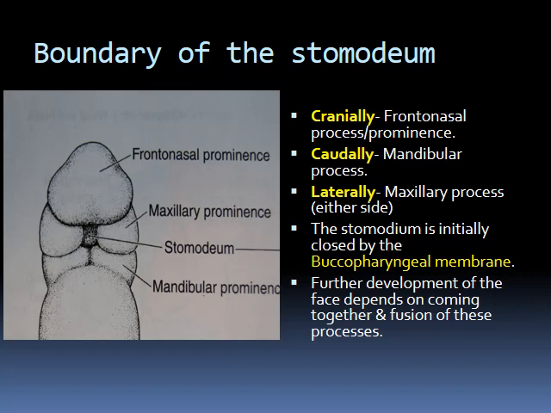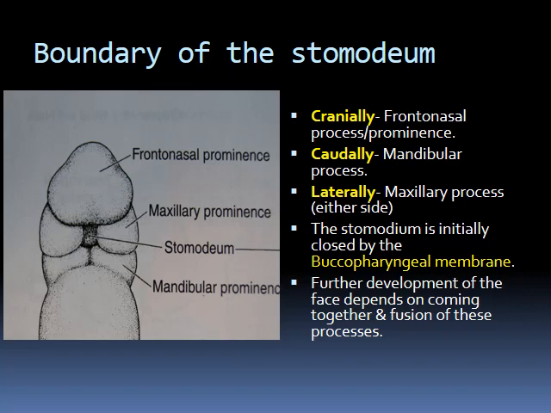Now caudally, the stomodium is bounded by the mandibular process or mandibular prominence. I also remember telling you in my first class of head and neck development that the first pharyngeal arch has two processes. The upper one is called the maxillary process or prominence, and the lower one is called the mandibular process or prominence.